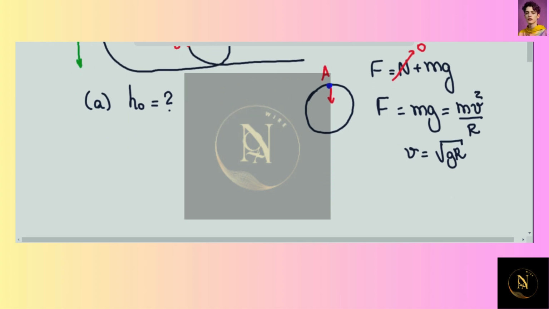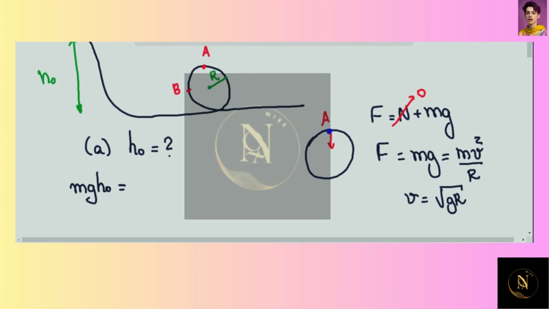So initially, the initial energy of the object is mgh0, and the final energy is the gravitational potential energy at this point, which is equal to 2mgr plus the kinetic energy of the center of mass, that's 1/2 mv squared, plus the rotational kinetic energy, that's 1/2 I omega squared.